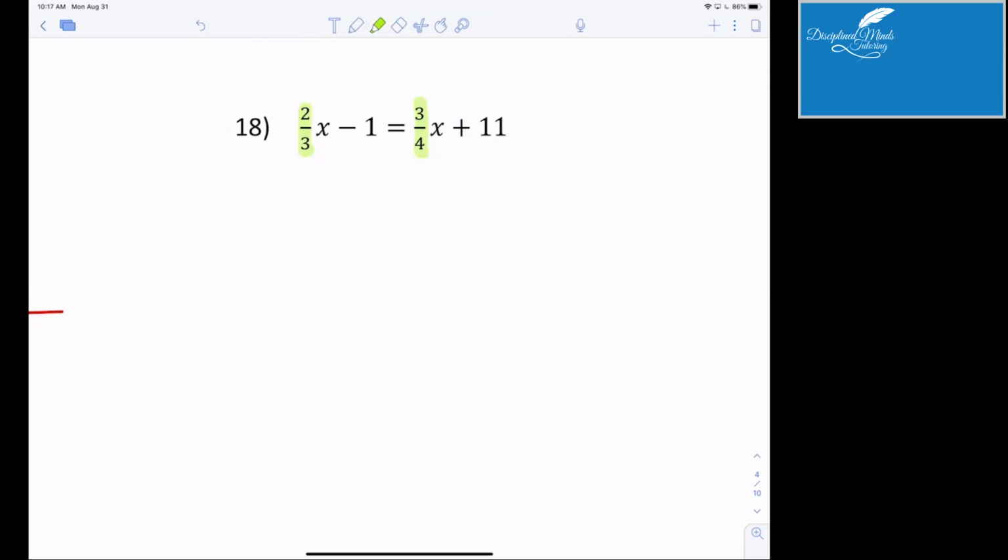Yeah. 2/3 is 0.6 repeating. 3/4 is 0.75. The only reason I'm saying that is because that's just helping me move the 2/3 over here. So I want to minus 2/3 x, minus 2/3 x.